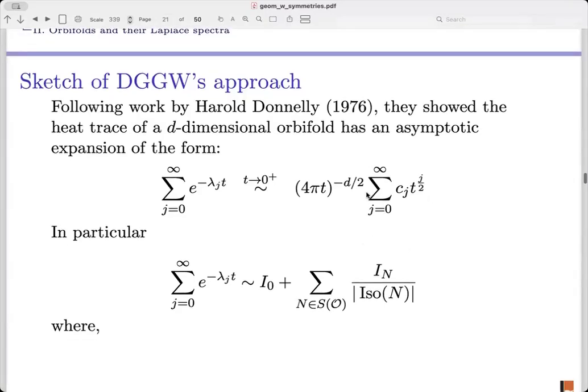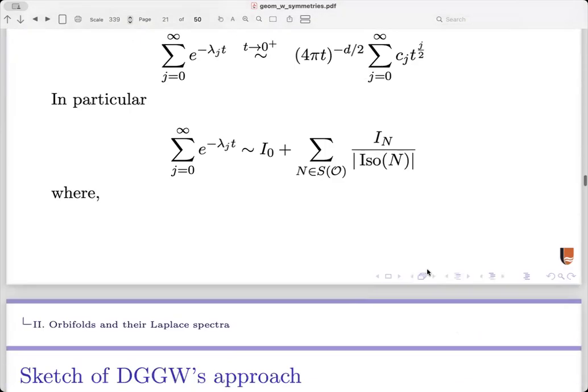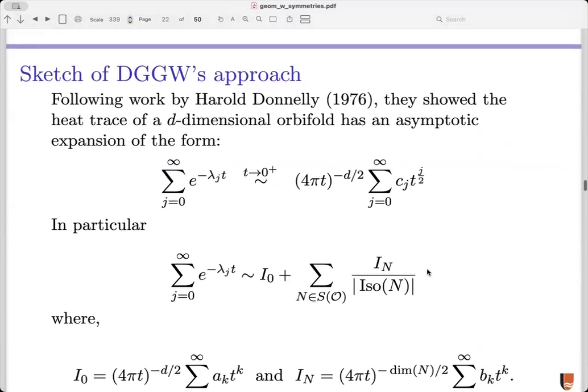And then importantly, they showed that this expression broke up into two pieces. We have an I0, and then we have a sum here. This sum is over the strata in the orbifold that are primary. So this is the set of all primary strata in the orbifold, and we're adding up all of those contributions from each stratum.